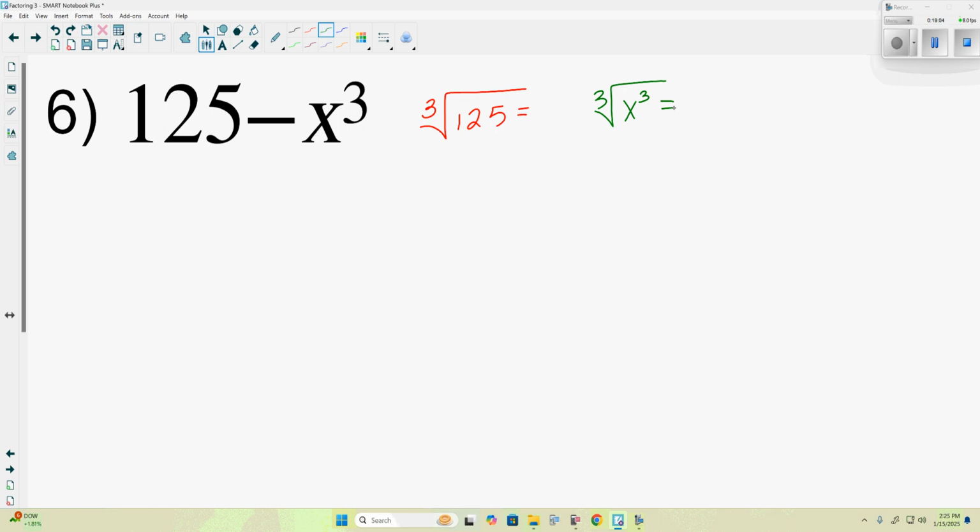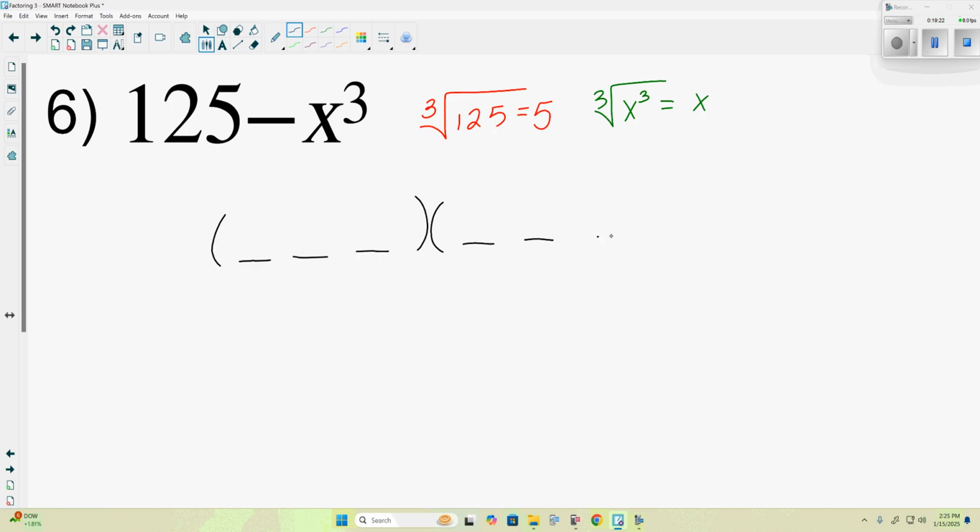So, cubed root of 125 is 5. And the cubed root of x to the third is x. So we just have these two terms here. It does tell us it is a difference of 2 cubes.